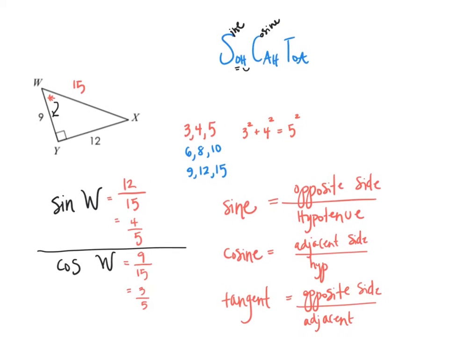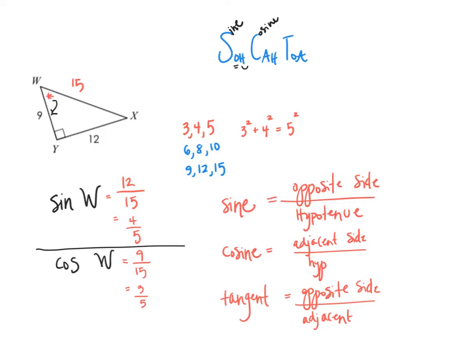So look at the little mnemonic, and this is the tangent, and notice you have the opposite over the adjacent. So you want to memorize this. SOH, and that kind of emphasizes that O part. CAH, hopefully that emphasizes the adjacent. TOA.